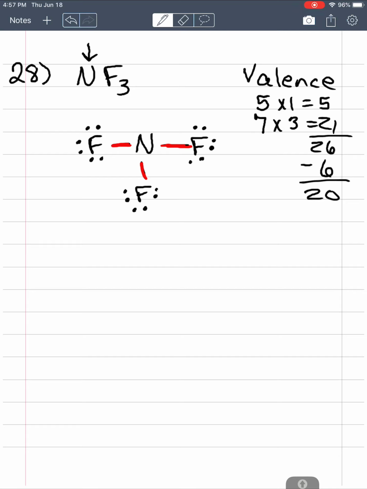So this is 2, 4, 6, 8, 10, 12, 14, 16, 18. All right, so we've used 18. We have 2 left over. Get rid of all these little arrows so you can see better what we're doing.